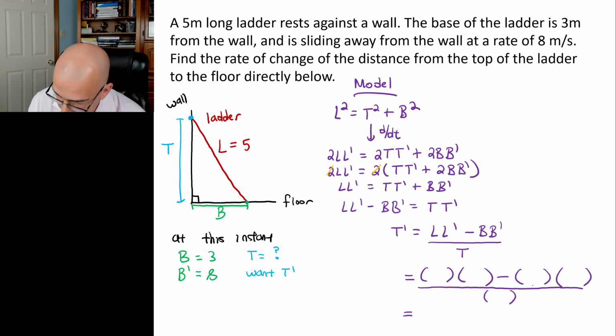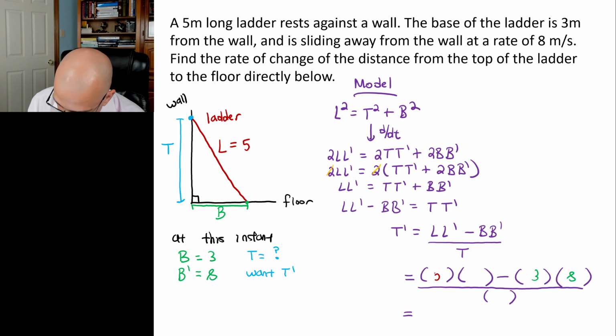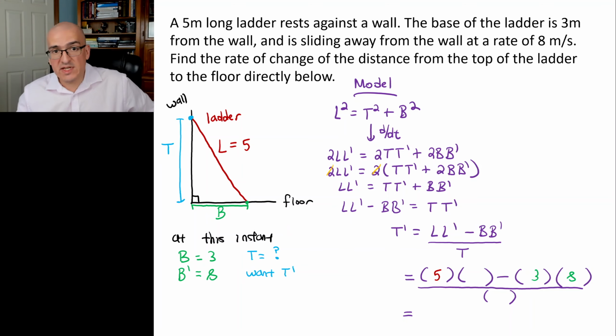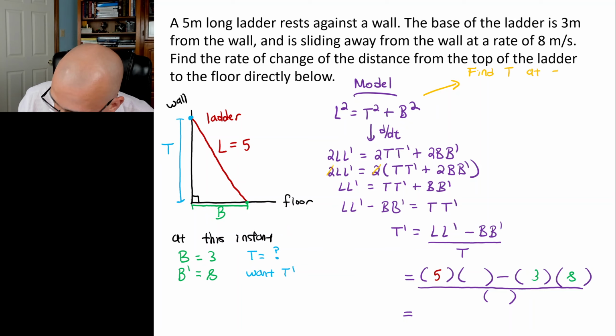Okay, so the data that we have: B and B prime, 3 and 8. We have L, which is 5. And we are missing data. We're missing L prime, and we're missing T. It's easy to find T at this instant.